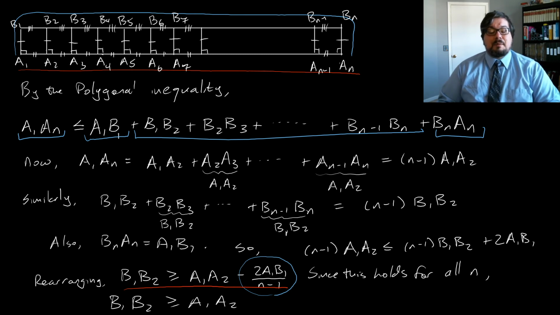But the supremum of the expression on the right for all n is exactly A1, A2. So we achieved what we wanted. We got that B1, B2 is greater than or equal to A1, A2, which tells us that the upper base of a Saccheri quadrilateral is never less than the lower base of that Saccheri quadrilateral.